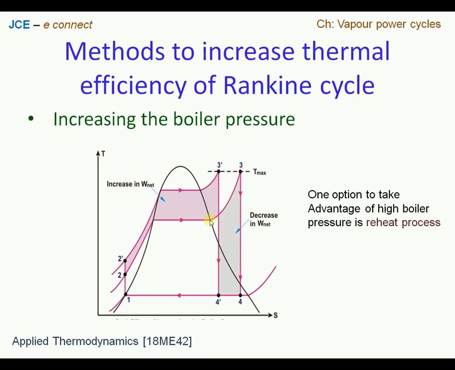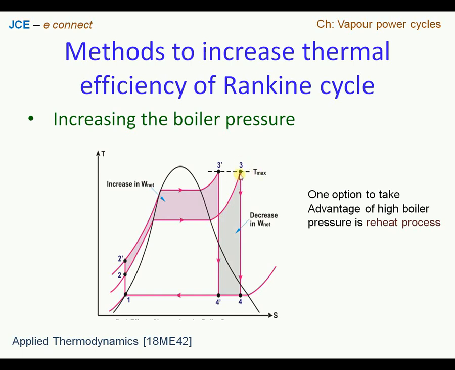So along this curve the pressure is constant, so it passes from 2 to 3. So the reheat process takes place from the point over here to point 3. So this is where heat is added at an intermediate pressure.